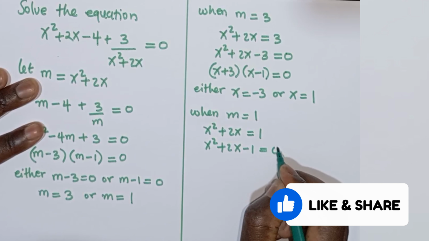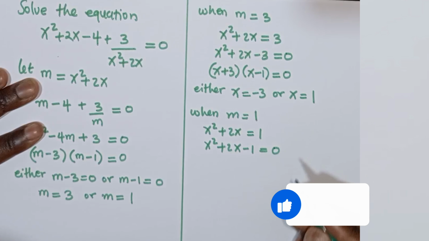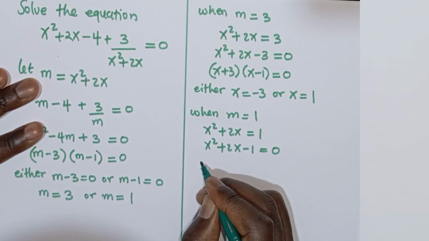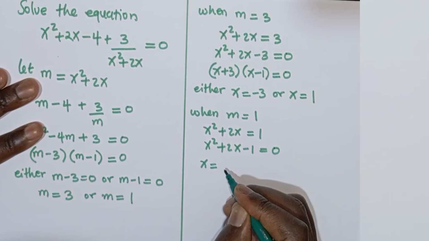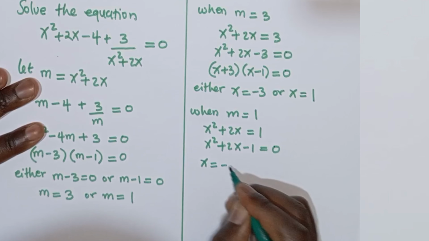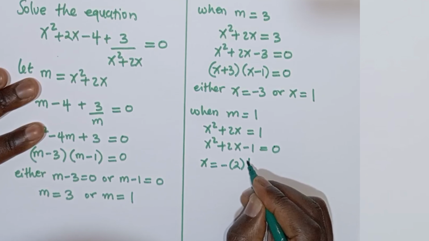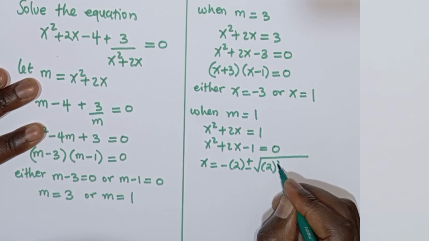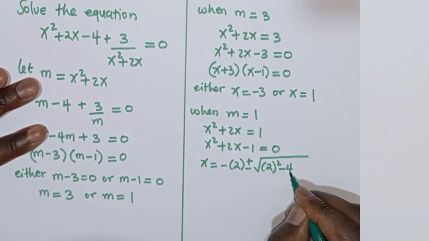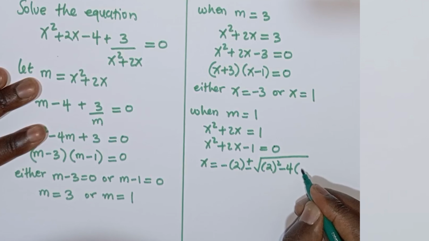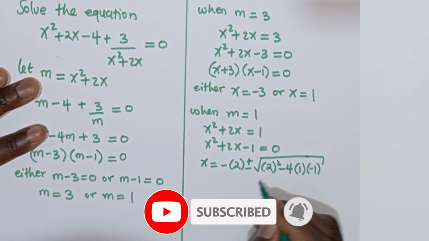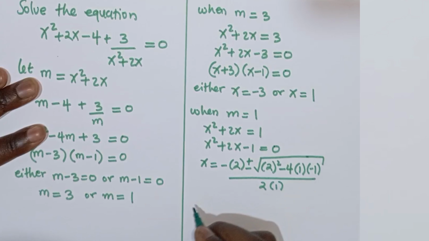Going further, we shall have our next quadratic equation. Solving this, we shall have x equal to negative 2 plus or minus. We are using the quadratic formula to solve such, so we substitute accordingly, over 2 into 1.